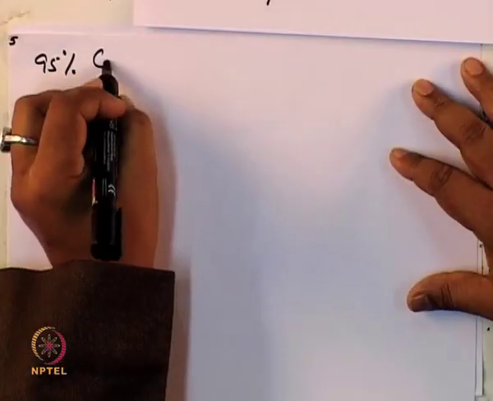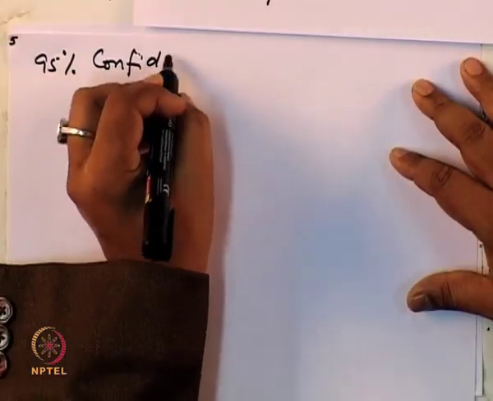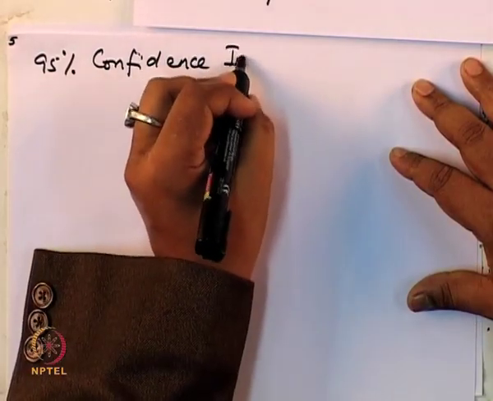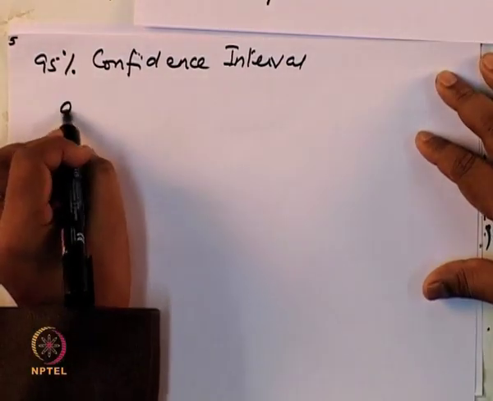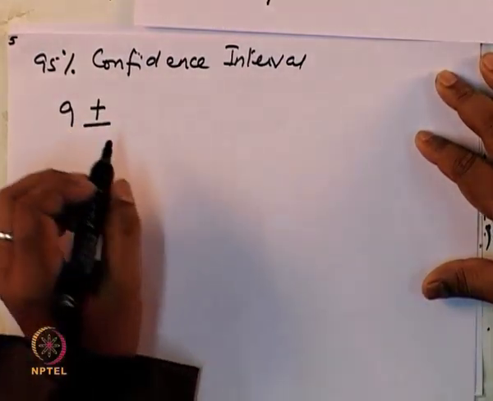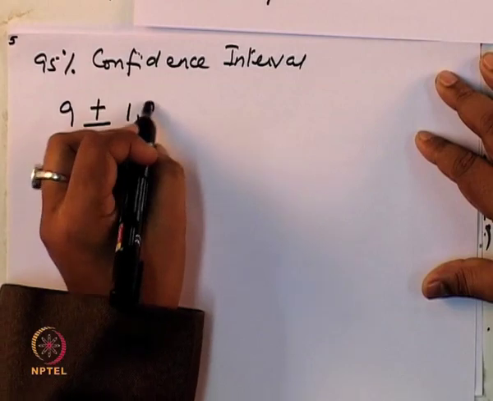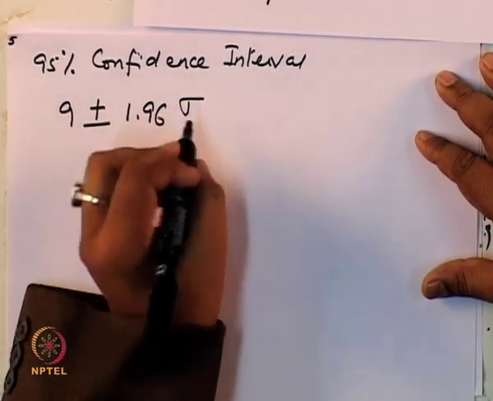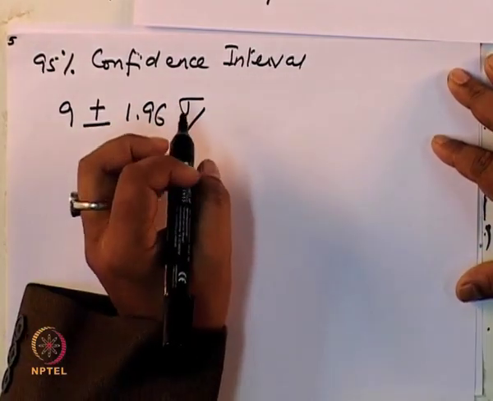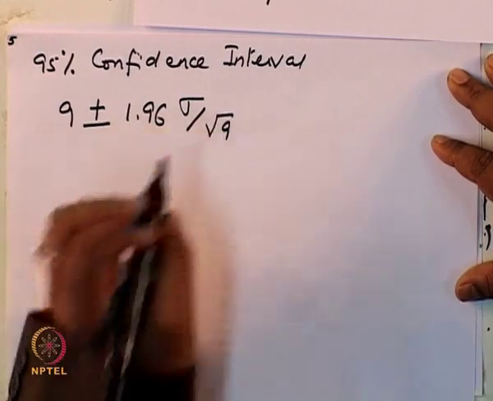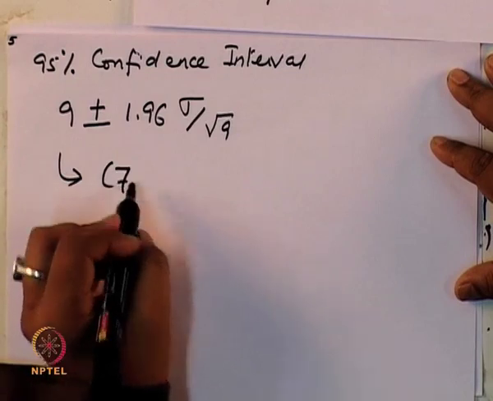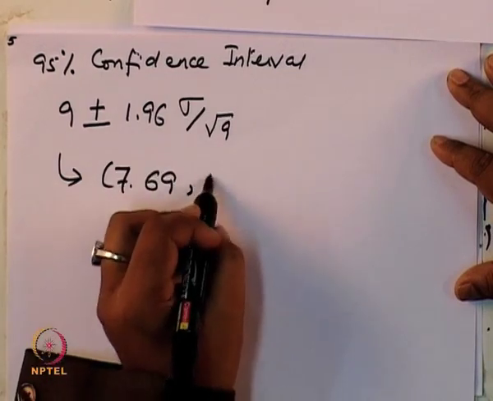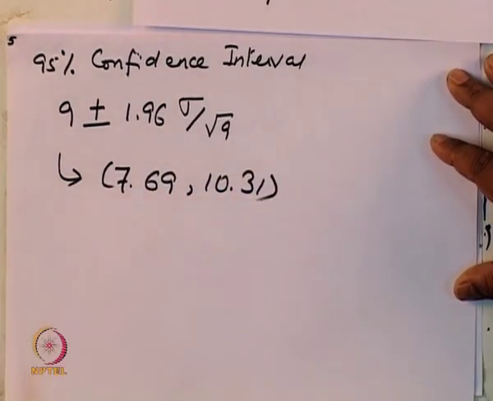So, this would mean my 95% confidence interval has to be 9 plus minus 1.96 into sigma by root of 9. If you plug in the values, this comes out to be 7.69 to 10.31.